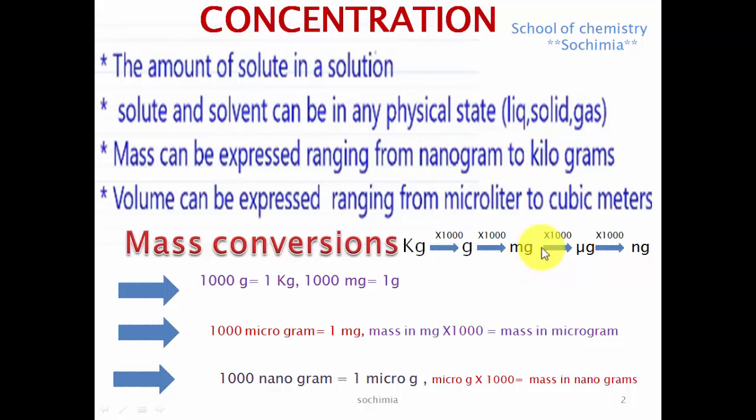Microgram to milligram, the factor is 1000, and so on. And these factors are very important because again and again students come across these conversions and they must practice hard enough to go through these calculations very smoothly.